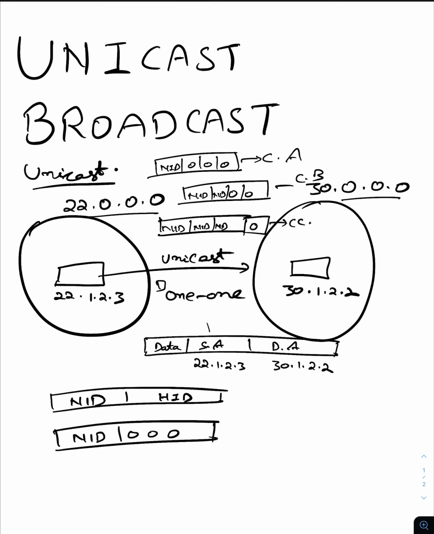So you have all zeros in the host ID part to represent a network. Here it's 22.0.0.0 and here 30.0.0.0. So your network is represented by the network ID and zeros in the host ID part.